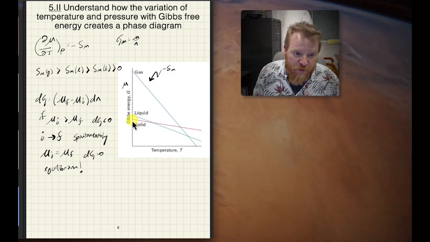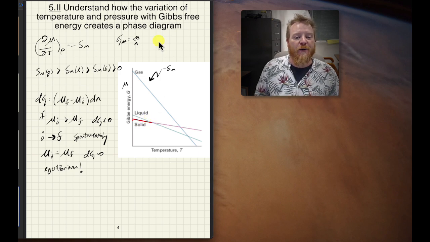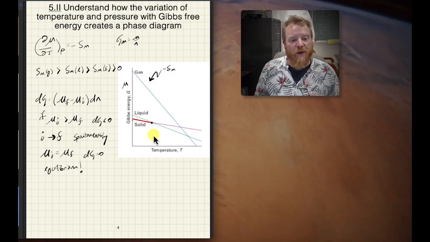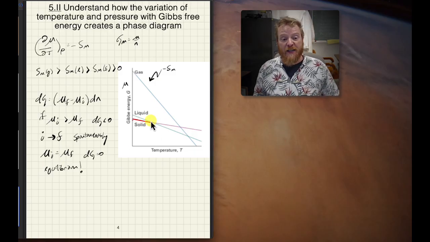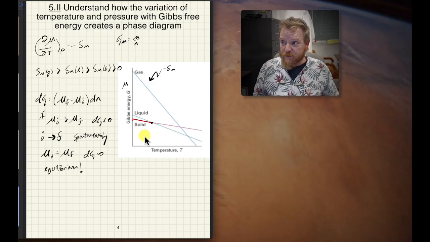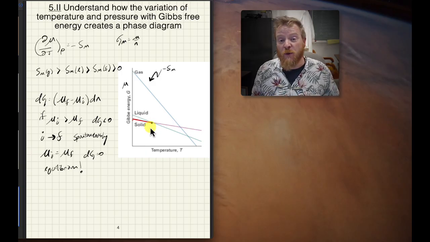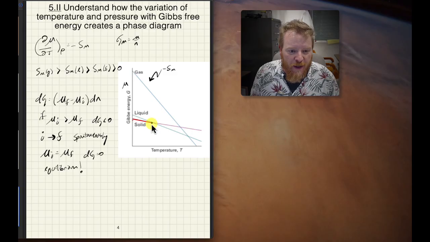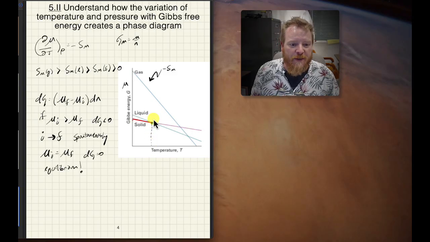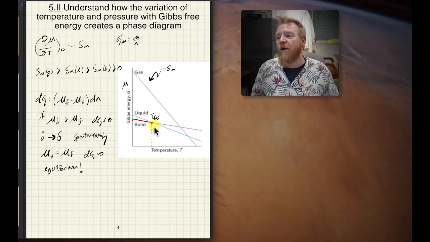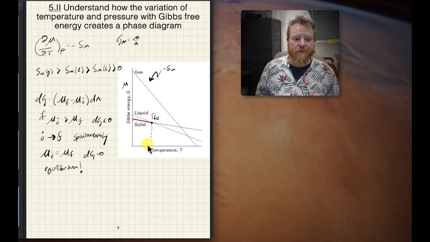So the solid phase will be observed all the way up until I get to this point right there. So now at this point, we can see the chemical potential of the liquid and the chemical potential of the solid are equal. So those two phases will be in equilibrium with each other. And something very special happens at that point. That is called the melting point or the fusion point, okay?